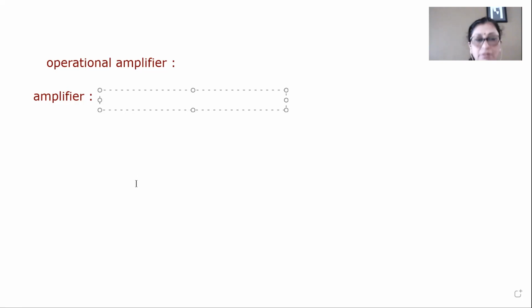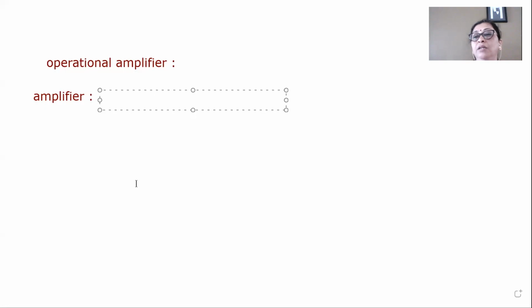When the whole circuit is fabricated on a single chip instead of fabricating it on a board, then it is called an integrated circuit. So an operational amplifier is a type of integrated circuit. It is present in the form of an integrated circuit. Okay, and it consists of a number of stages of amplifiers.